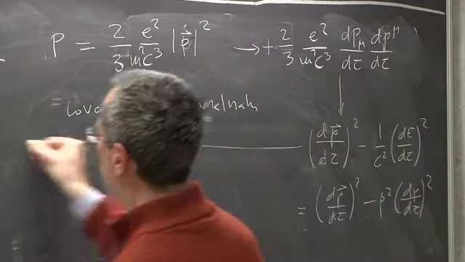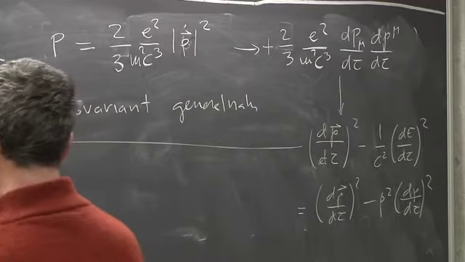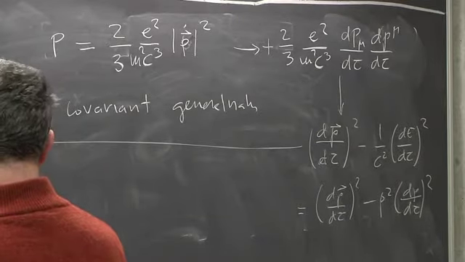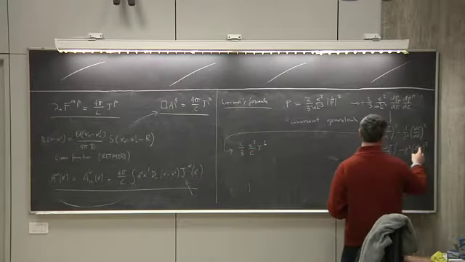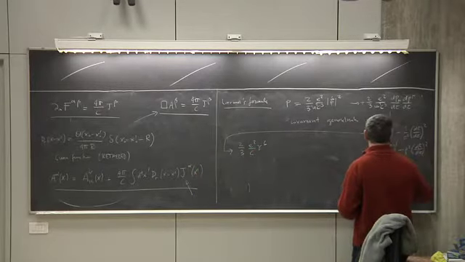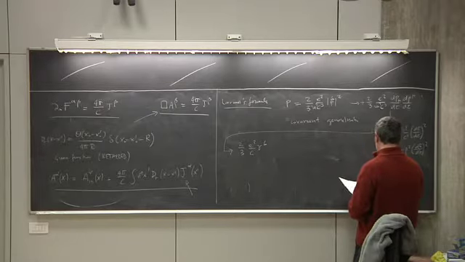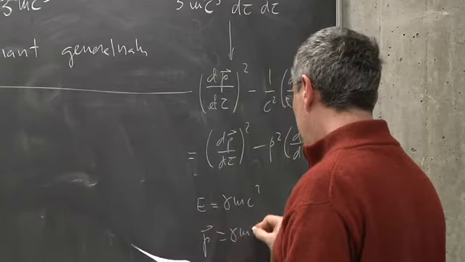so if you expand this expression here, I think you get this, because E is equal to gamma m c square, right? And p is equal to gamma m v.